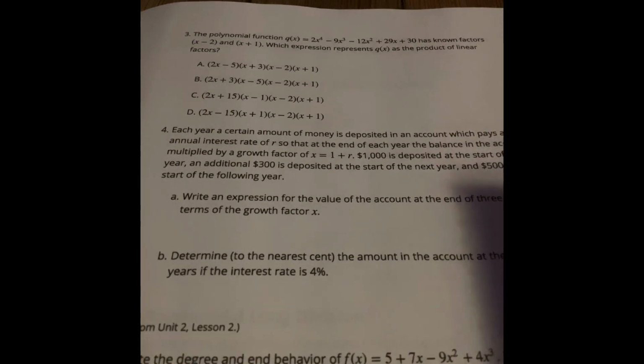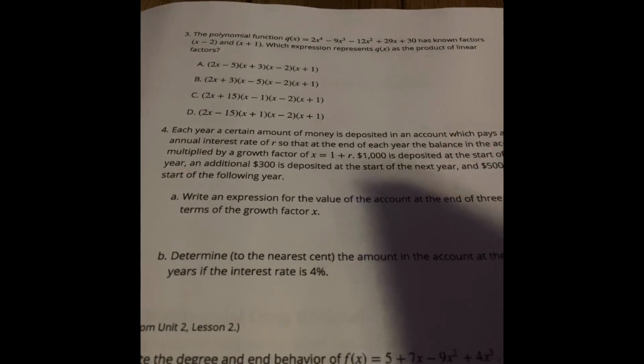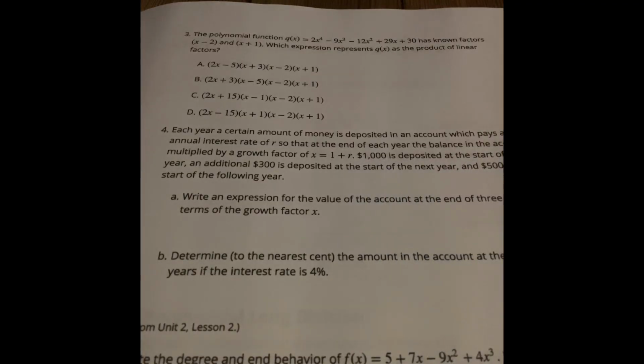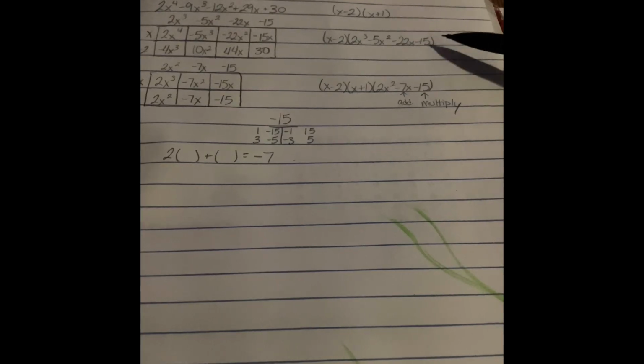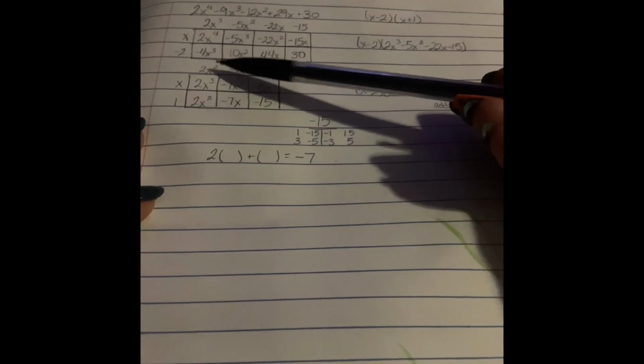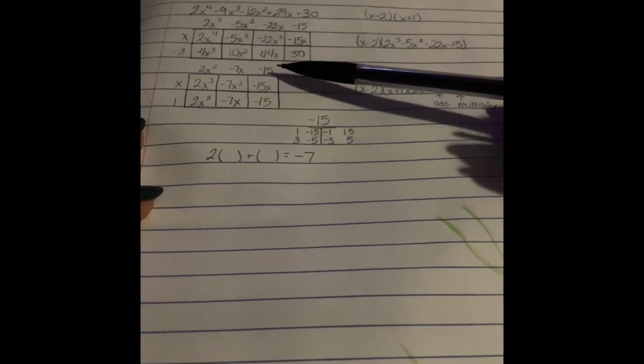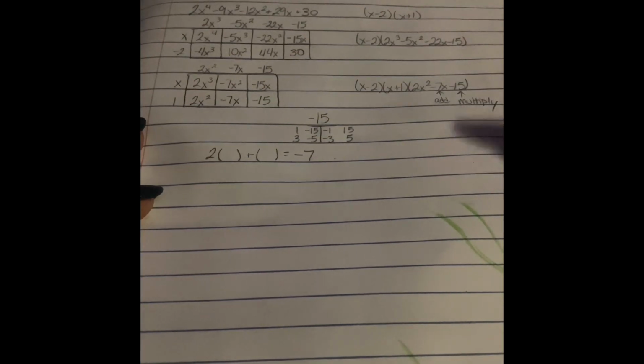Okay, while I was doing this, I got it narrowed down and I had to contemplate what I wanted to show you all. So when you divide by this x minus 2, you are left with 2x cubed minus 5x squared minus 22x minus 15. If you use this to divide by that x plus 1, you're left with 2x squared minus 7x minus 15.